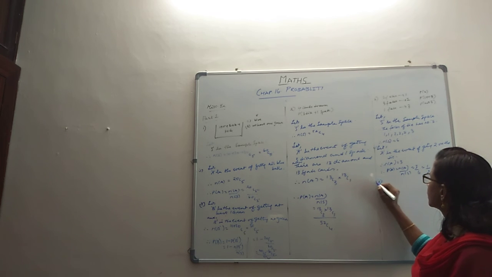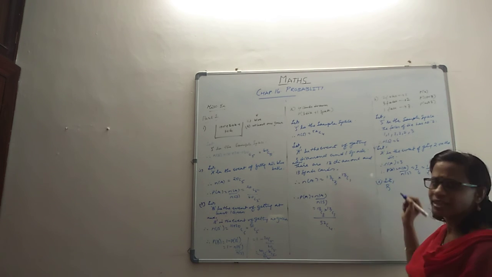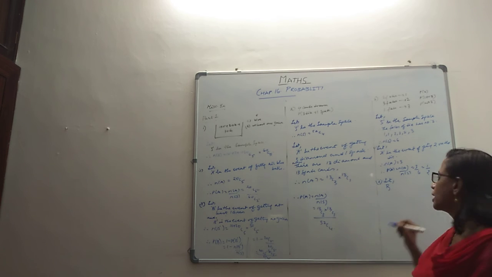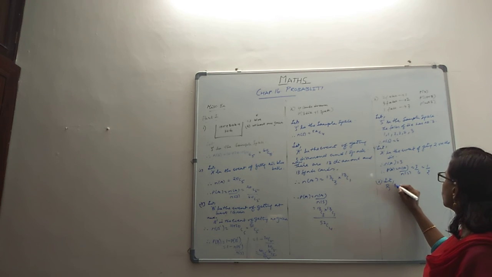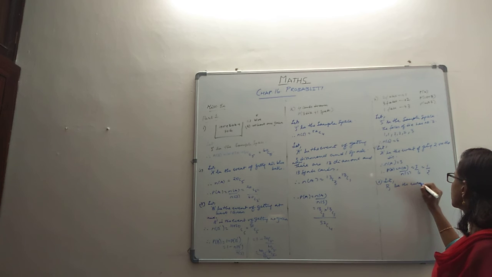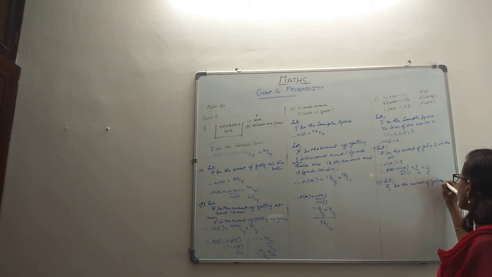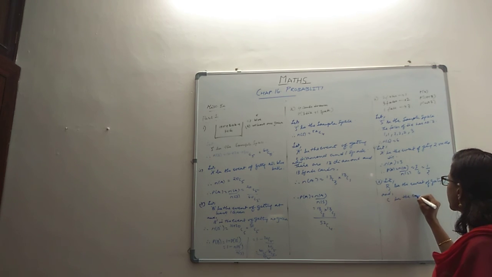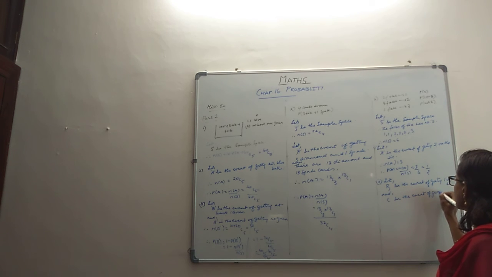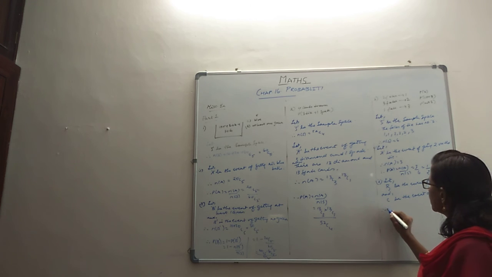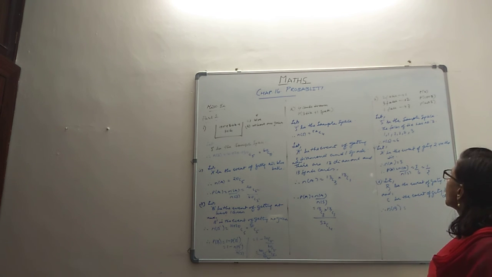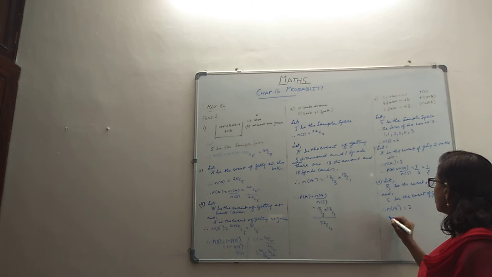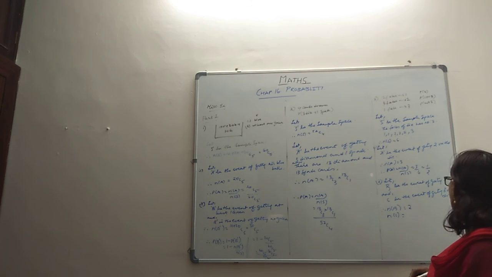Then second, let B be the event of getting 1 on the die, and C be the event of getting 3 on the die. How many ways can we get 1? 2. How many ways can we get 3? Only 1.